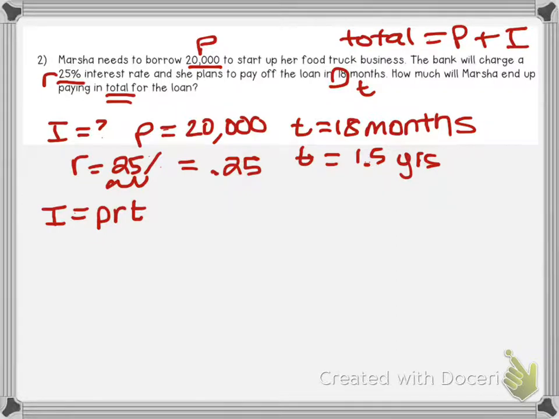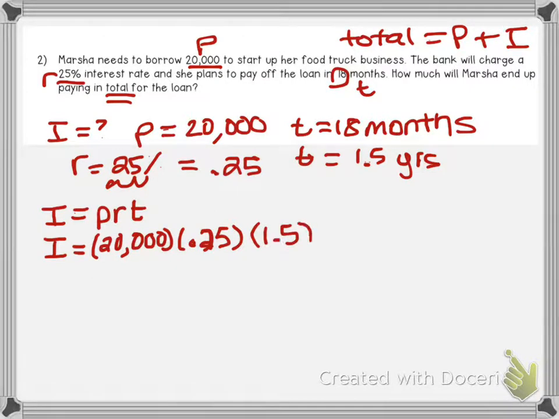We're looking for I, so I equals, in parentheses, our principal is 20,000. Our rate is 0.25. And time is 1.5.